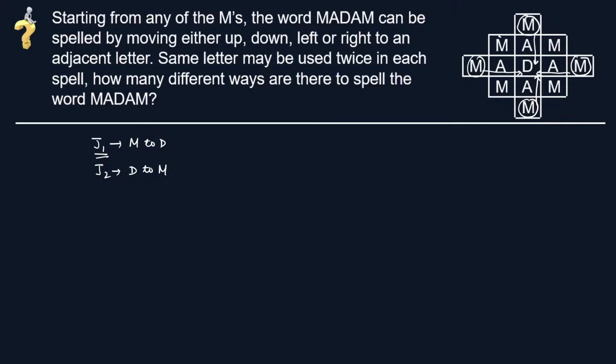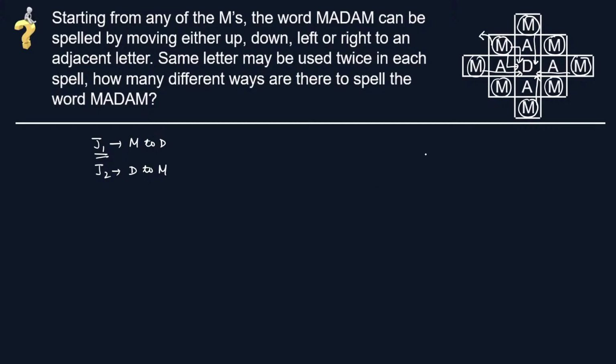Now, if we consider this M, then to reach D, I can choose either this way or this way. So for this M, we have two ways to reach D. Now this position M we have in 4 places.